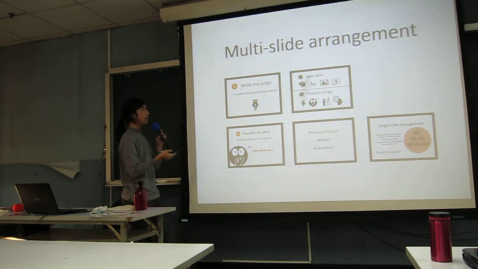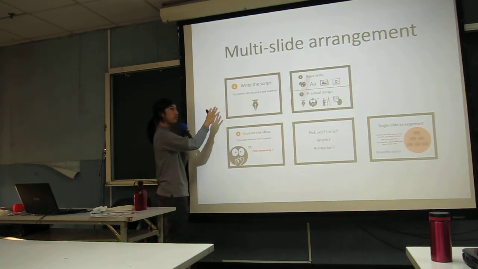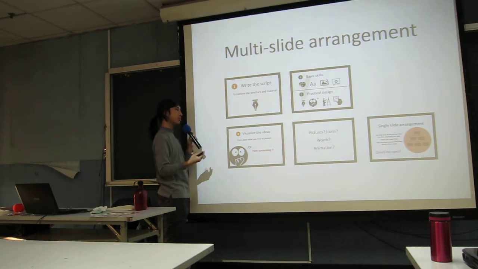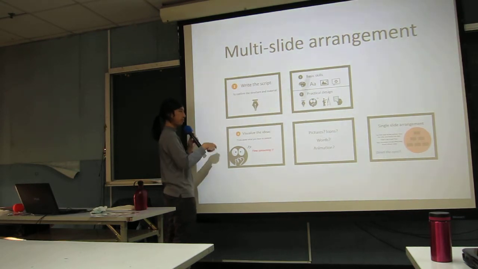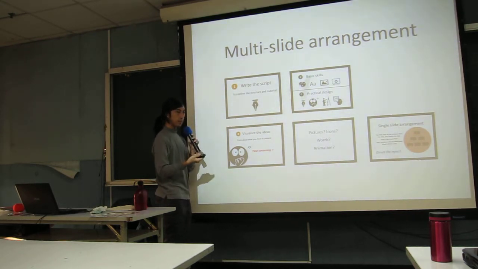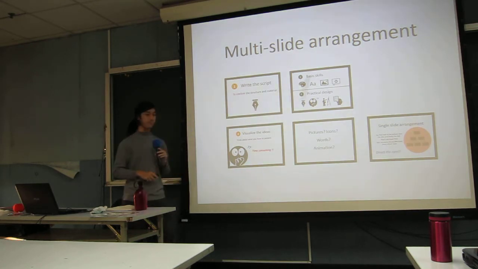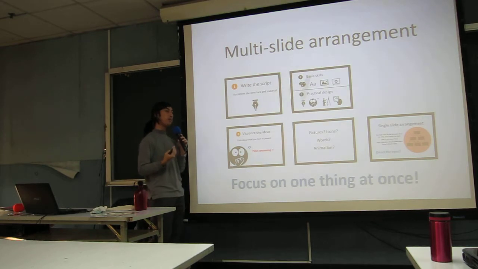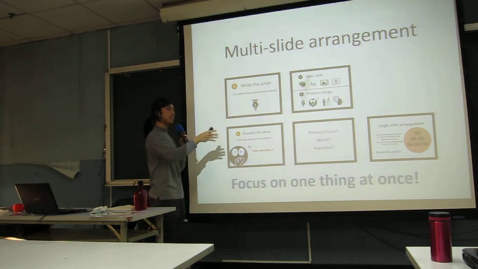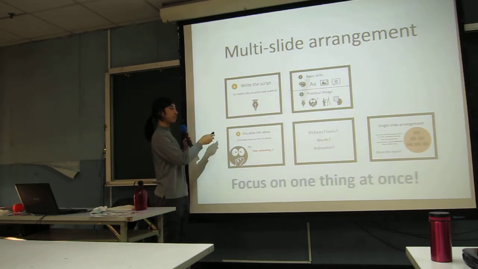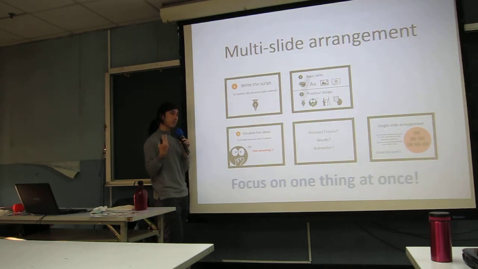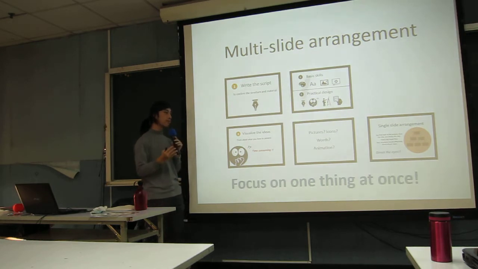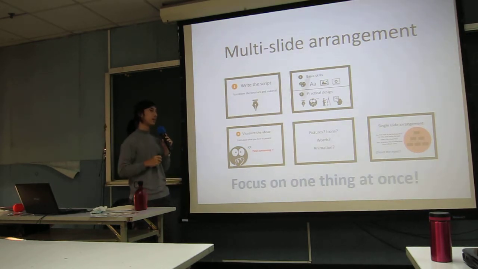So that's the way you arrange several slides. It is just like you are writing a script. They have a very clear structure. So that is why we should practice how to divide the slide properly in our previous practice. Because if you divide them properly, you can make your audience focus on one thing at one time. That is the importance of this part.